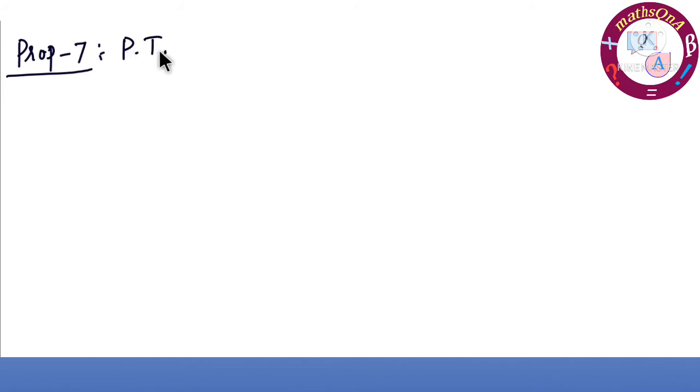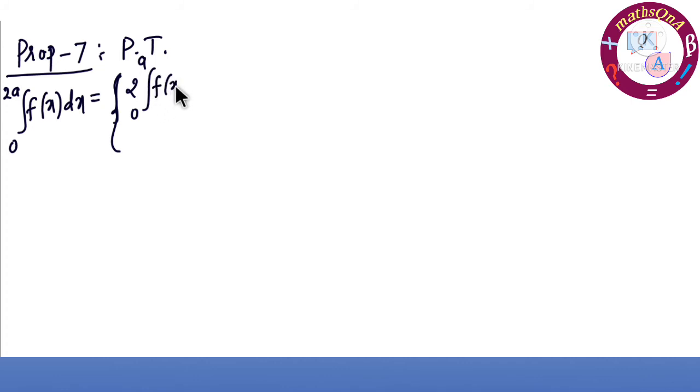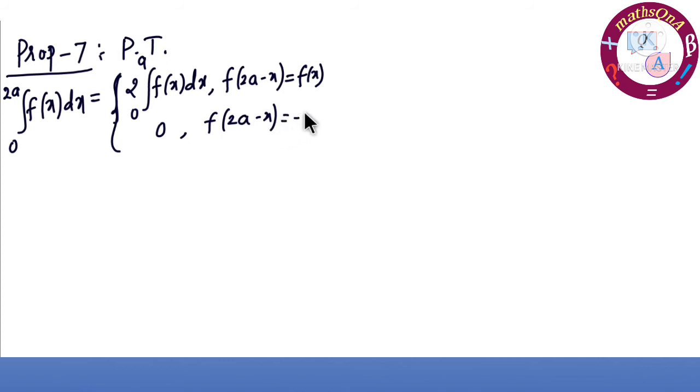Prove that integration of 0 to 2a f of x dx is equal to, here also there are two conditions: 2 times integration of 0 to a f of x dx, if the condition f of 2a minus x is equal to f of x; and 0 when f of 2a minus x is equal to minus f of x, here there is a minus.